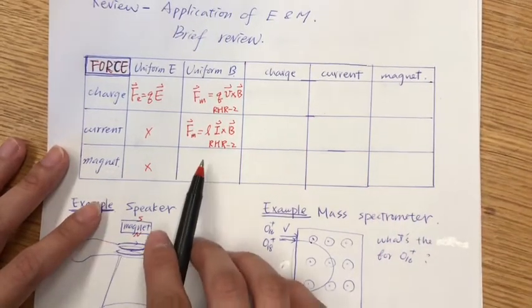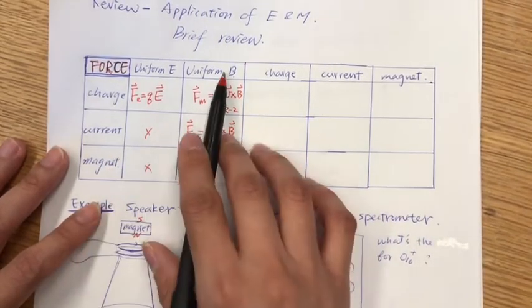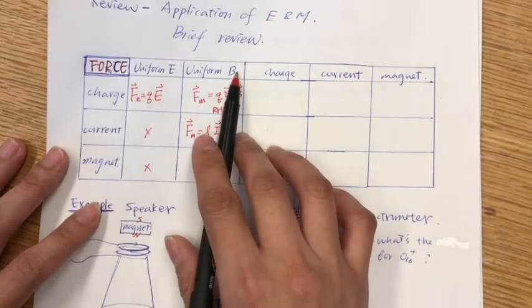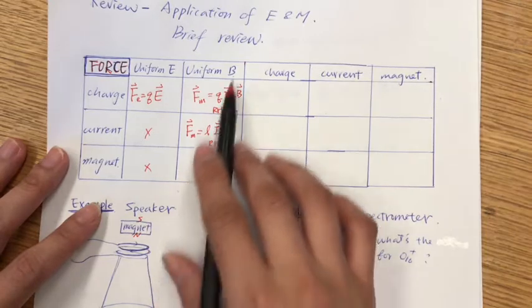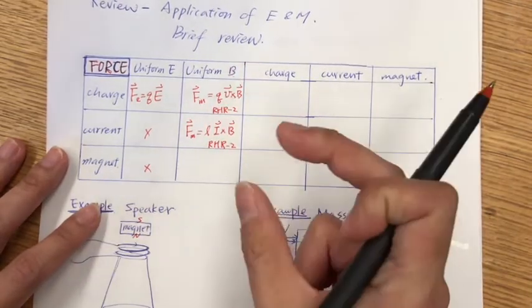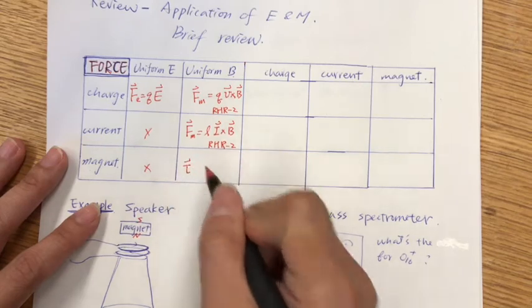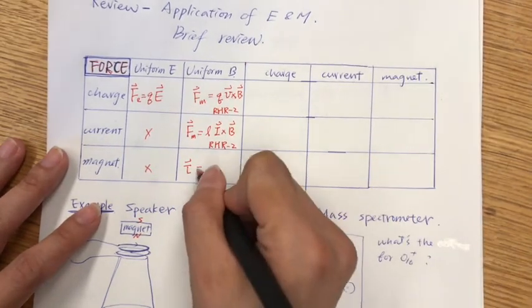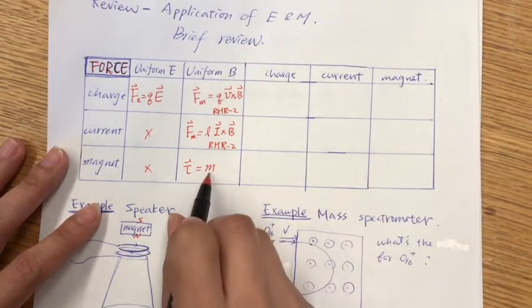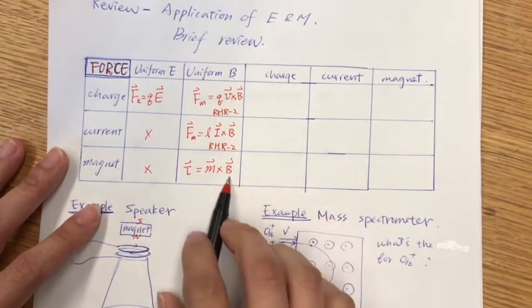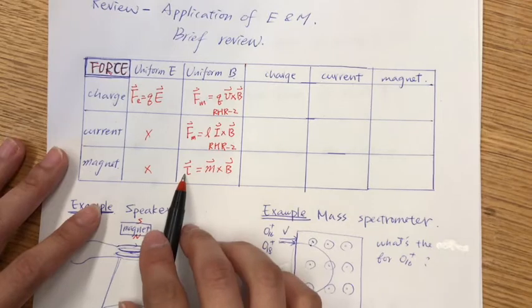All right, magnet. If I put a magnet in a uniform field, so imagine I put a compass on Earth, the compass will rotate. So when it's a rotation, we'll say it experiences a torque. I put a compass, it feels the B field, so it has a torque.